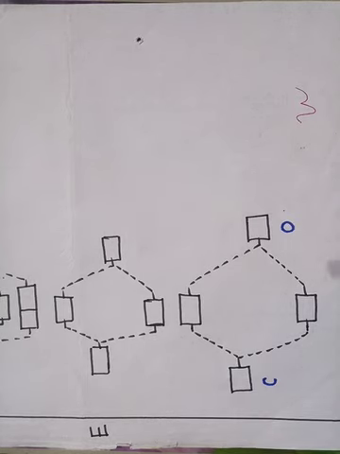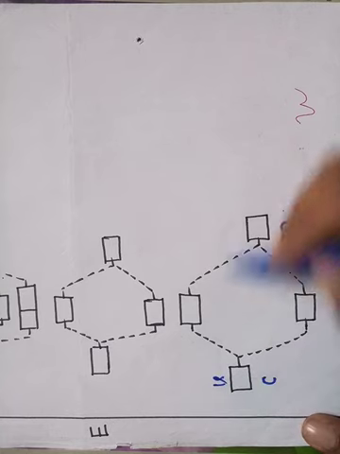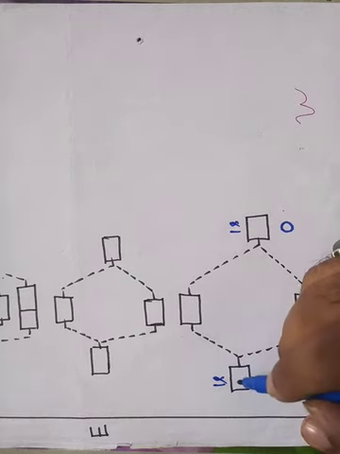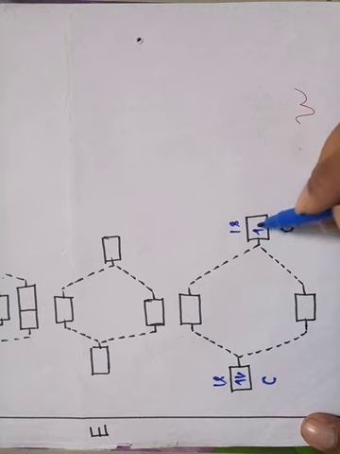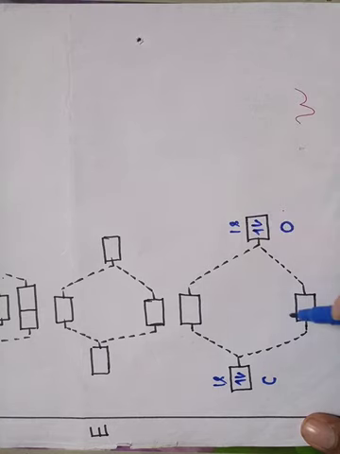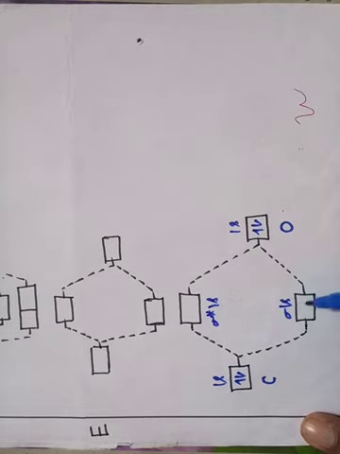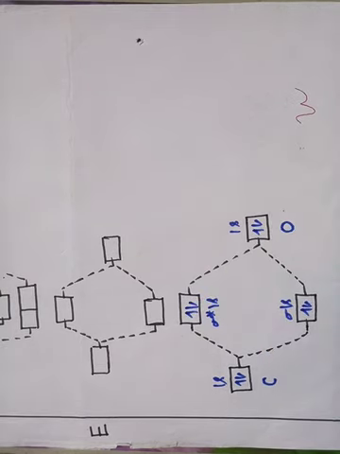So first let us write the 1s atomic orbitals of the carbon and oxygen. The 1s atomic orbitals of both oxygen and carbon contain 2 electrons each. Therefore these 4 electrons will occupy the sigma 1s and sigma star 1s molecular orbitals.